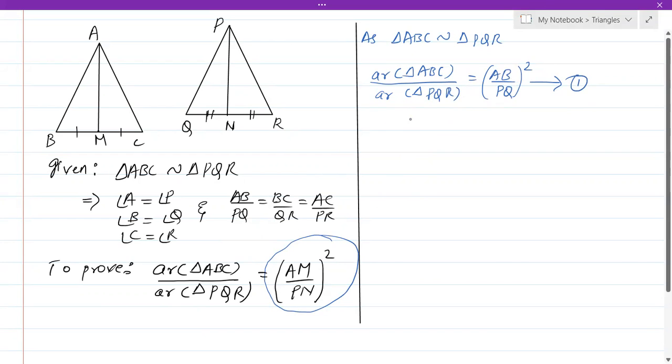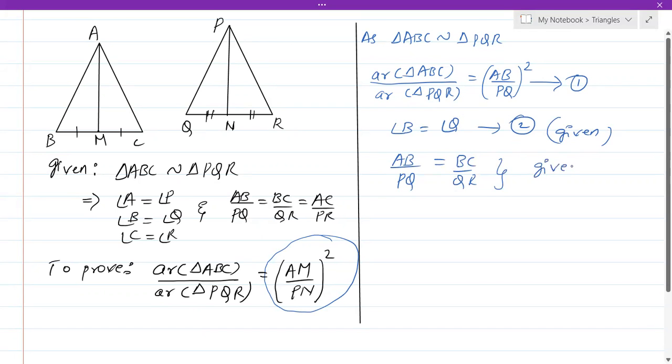Okay, let's do that. Now, very clearly, angle B is equal to angle Q, isn't it? Let's take it as equation 2. How did we get this equation 2? It is given. And from the given data itself, AB by PQ is equal to BC by QR. This is also given.